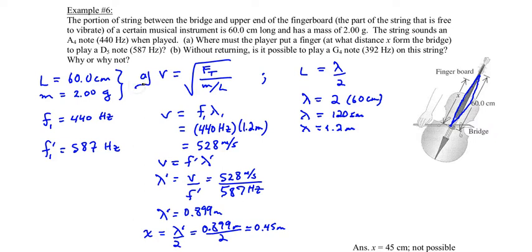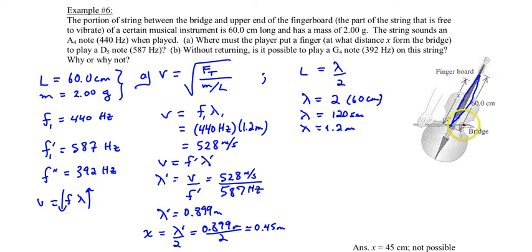We'd like to return to a note that is 392 hertz. We want a lower frequency than this, like F double prime of 392 hertz. How can we do that? Well, think about it. If you are going to go to a lower frequency, you're going to need a longer wavelength to fit into this distance.